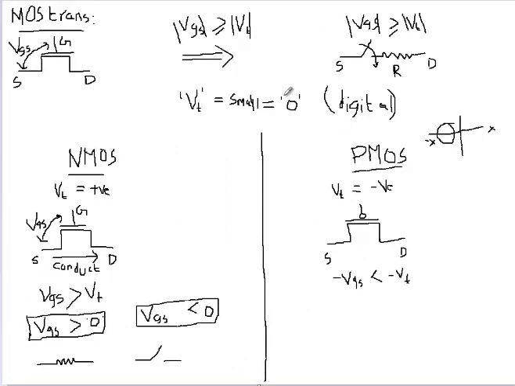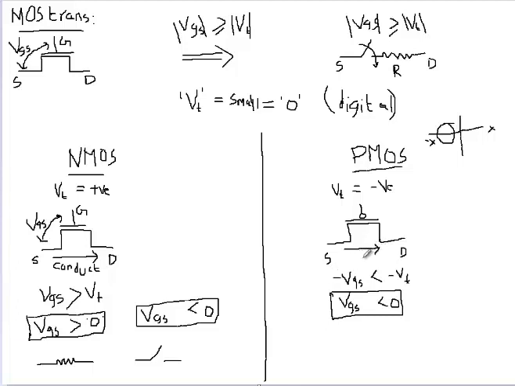And again, when we say VT is 0 in the digital world, your VGS should be less than 0. Basically it should be a negative voltage for a PMOS to conduct. So when VGS is less than 0, your current flows from source to drain, it will conduct.